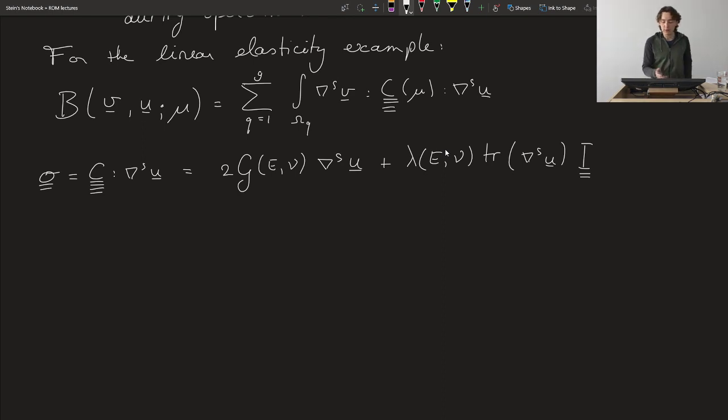And the nice thing about this is that we can already see we have certain multiplications with independent parameters, which in the end we will be able to separate out of our integrals. So, continuing with the bilinear form, we would now be able to say that it is equal to, again, the sum over our 9 subdomains of, well, this guy, at each subdomain, that is a constant, so I can pull that out of the integral.